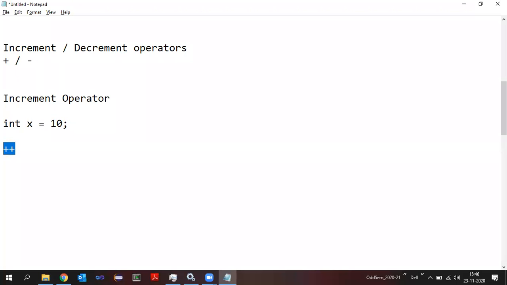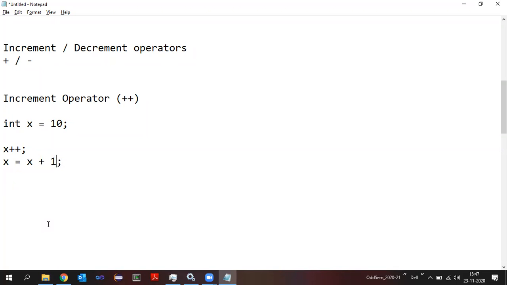If I write x++, that means the ++ here is nothing but the increment operator. So what is the meaning of this increment operator? x++ means x = x + 1.